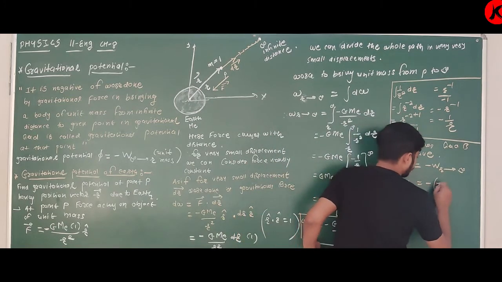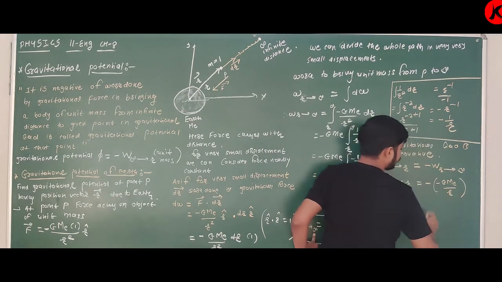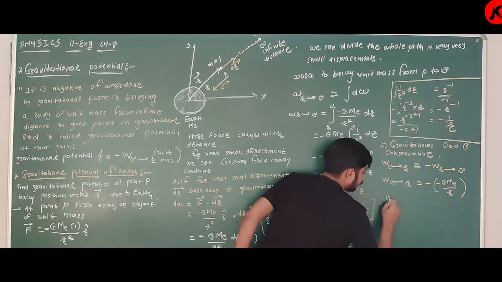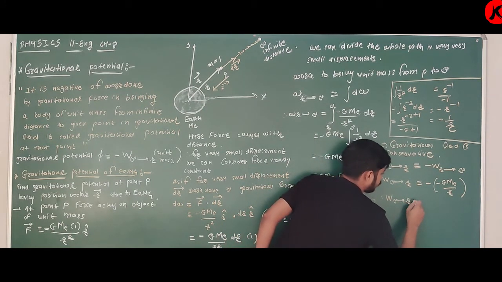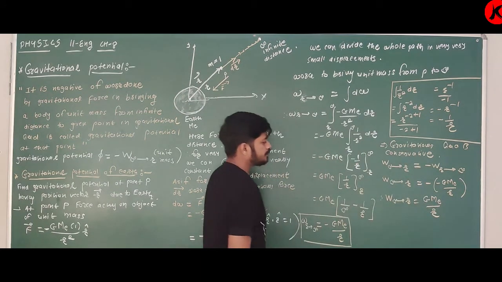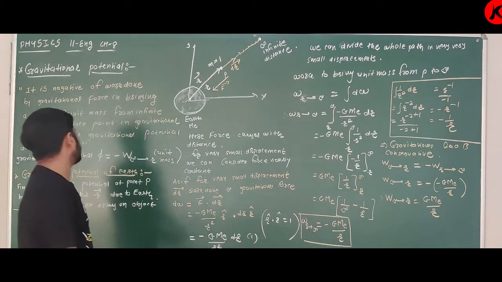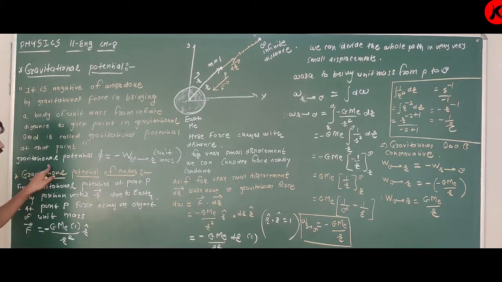It is minus GME upon R. So minus will become plus. Therefore W infinite to R is equal to GME upon R. And now what is the definition of gravitational potential?